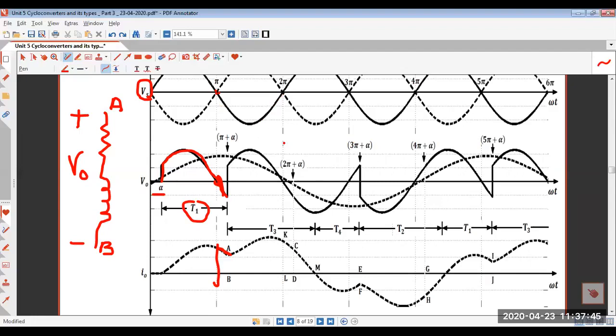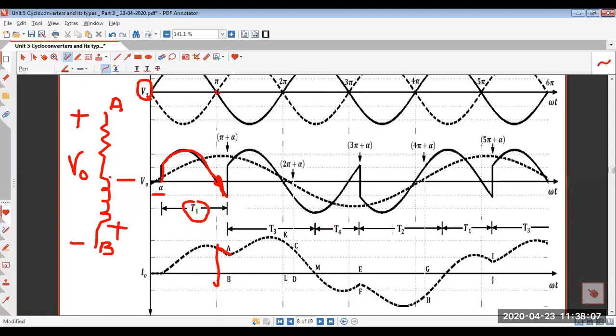Second thing is you have not triggered the next SCR, T3. So the current that would be released by the inductor only has a path through T1, right? So now this end will become positive in this case and this end will become negative.